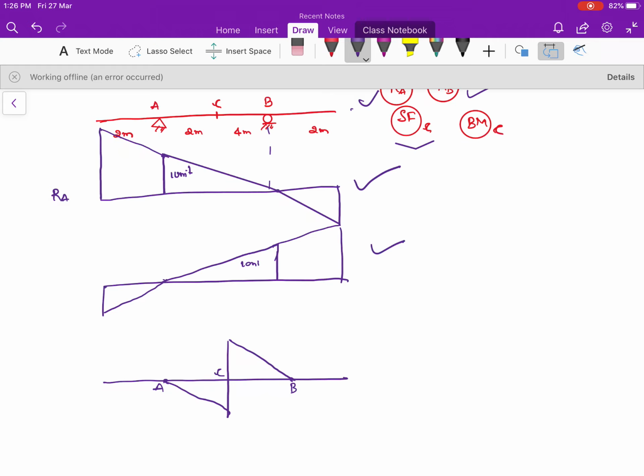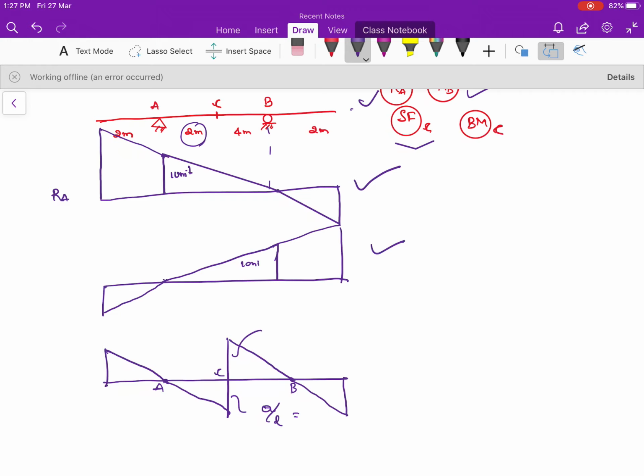Since there is a presence of overhanging beam, it comes to be like this, and here this is an overhanging beam, it comes to be like this. This is the extra thing what we need to learn. And here, what is the value, what is the ordinate? This is a divided by L. What is the value of a?